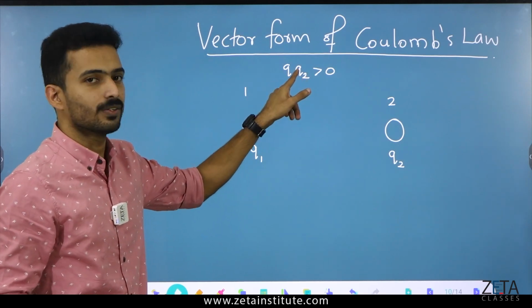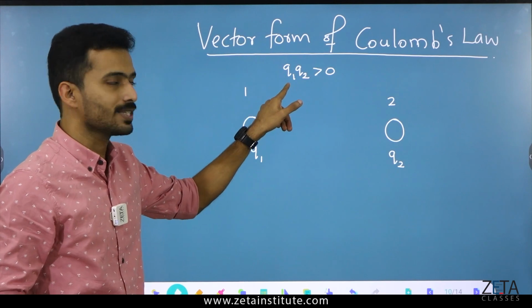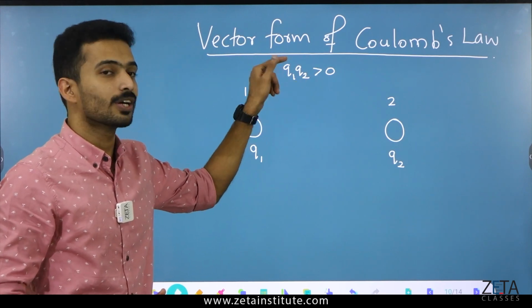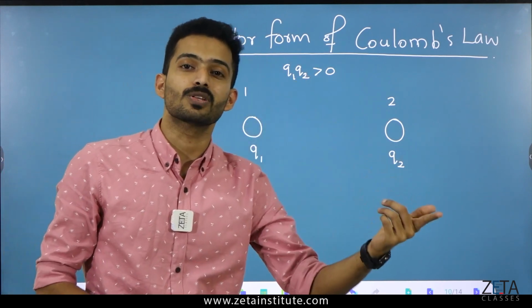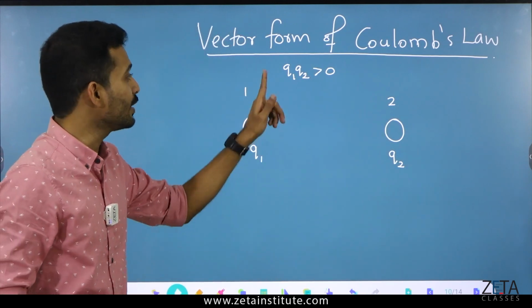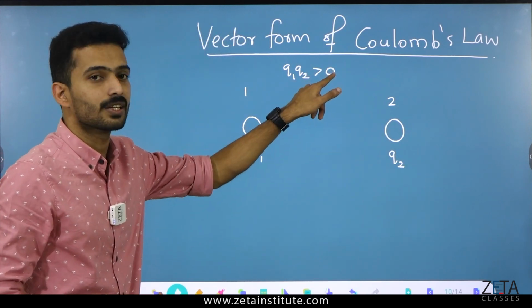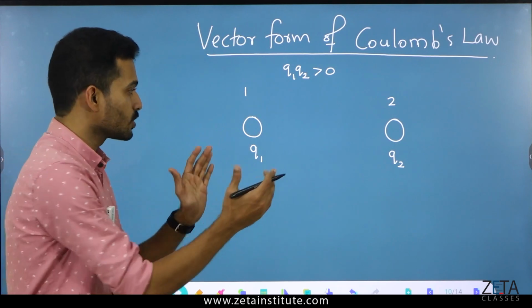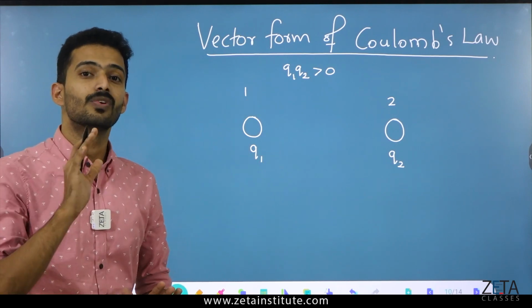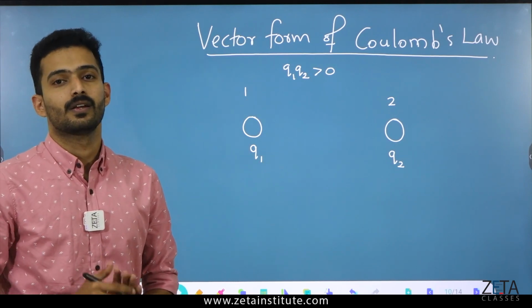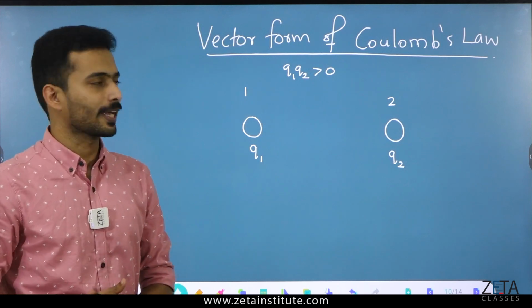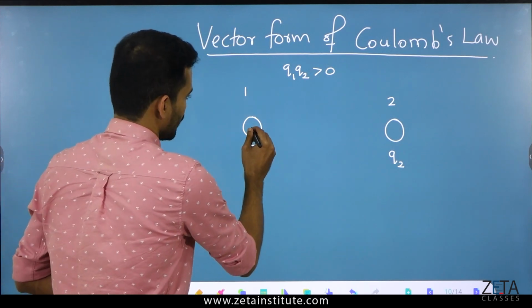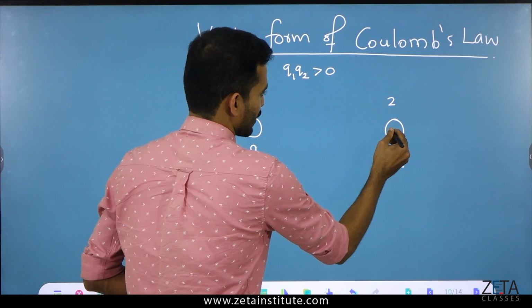When both are negative, like charges, negative into negative is positive, greater than 0. When Q1 Q2 is greater than 0, then the force between these two charges will be repulsive.